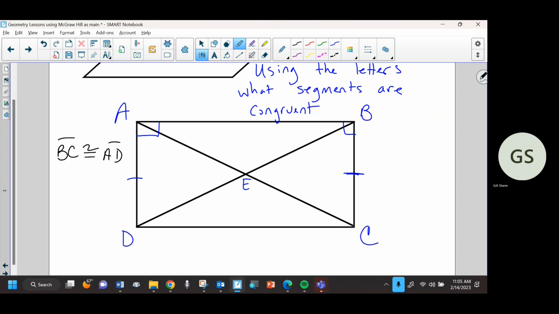What else? Standard rectangle. Should have known this since you were in second or third grade. It happens to be an actual lesson, but at this point, you haven't gotten any of the more difficult stuff.